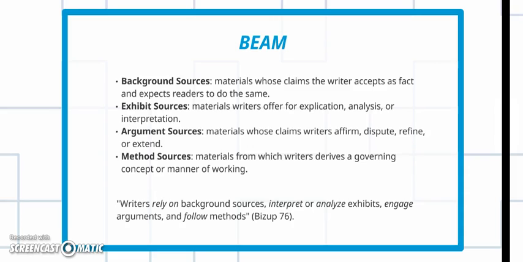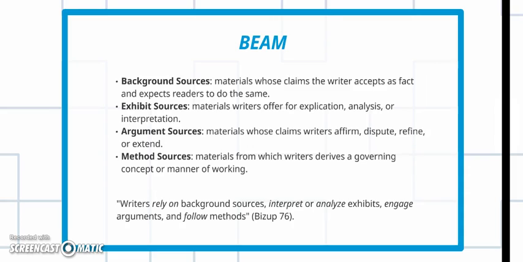Exhibit sources are materials writers offer for explication, analysis, or interpretation. And just to go back to your rhetorical analysis, an exhibit source would be, for example, President Obama's bin Laden speech, where you're offering that up as an exhibit of rhetorical practice.